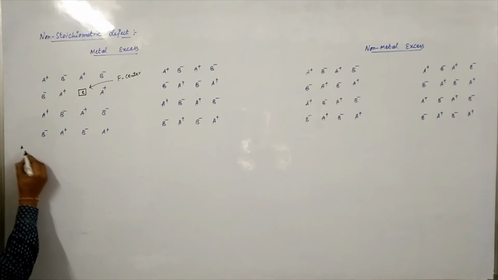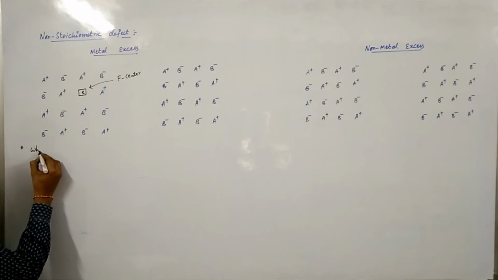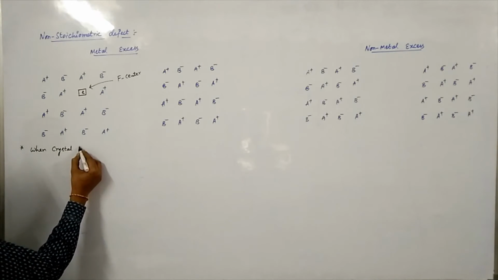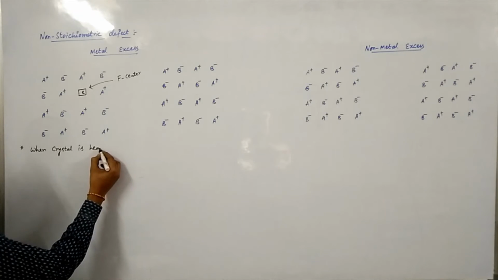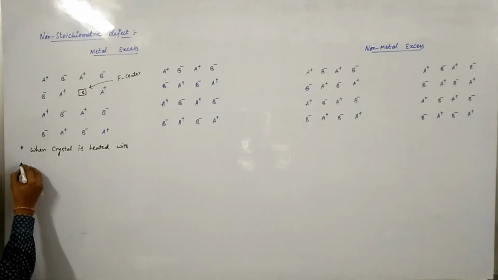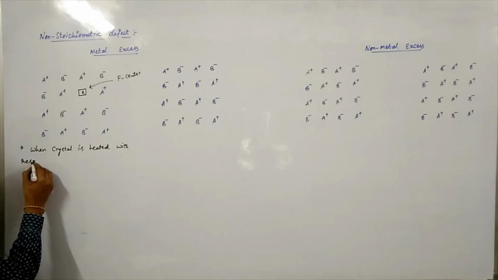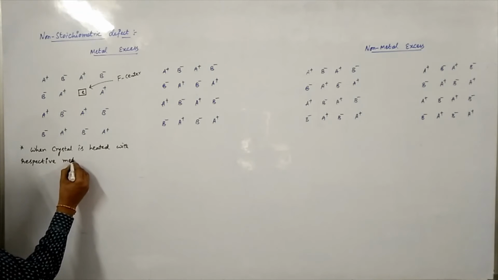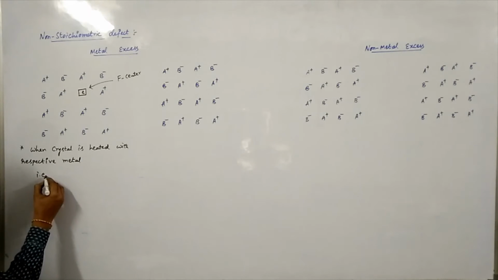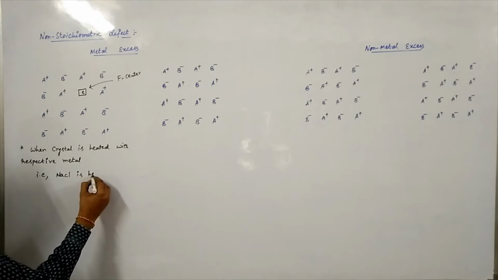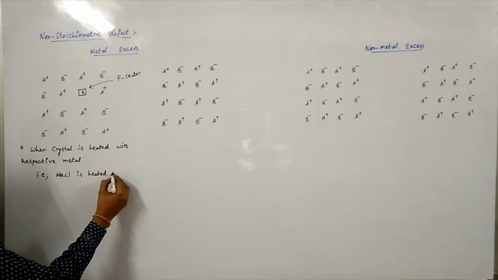So this happens when crystal is heated with respect to metal. That is, NaCl is heated with Na.